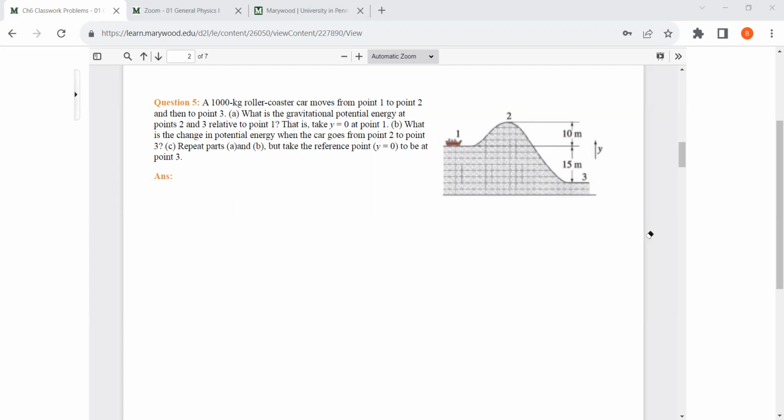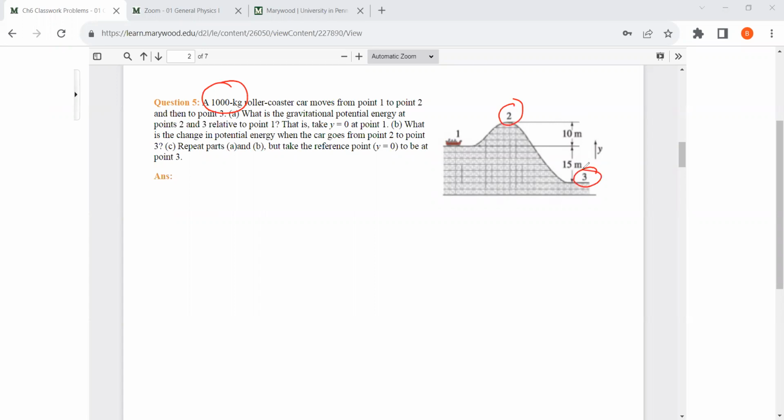Here it asks us to calculate the potential energy at several points. For example, here we have this track and the roller coaster car. The mass of the roller coaster car is given as 1000 kilograms and it is moving from point 1 to point 2 to point 3. It asks to calculate the potential energy at position 2 and position 3.